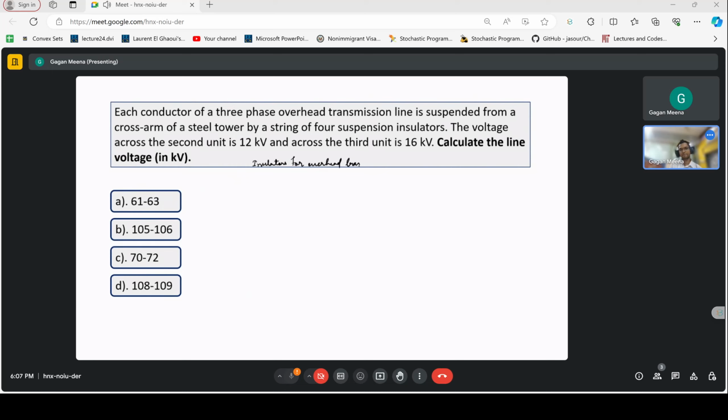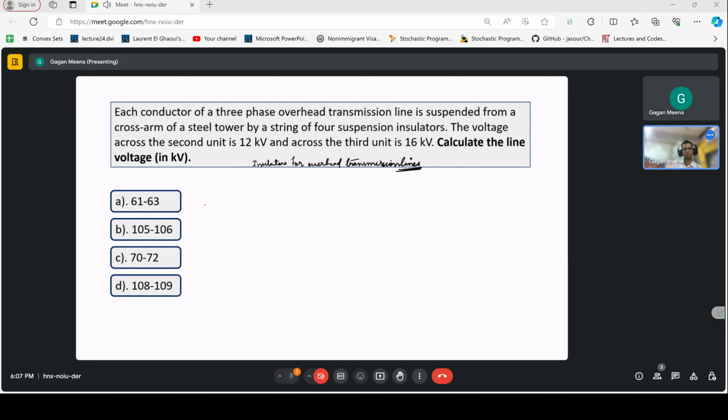In insulators, all the numerical questions are based upon similar concepts. Again and again, in all the numericals you will have to follow these steps.